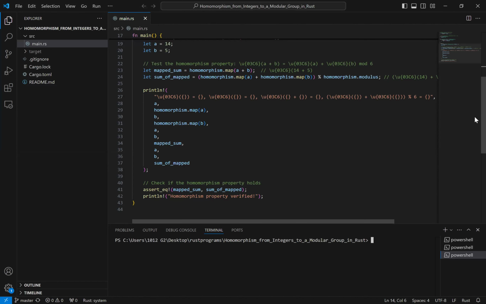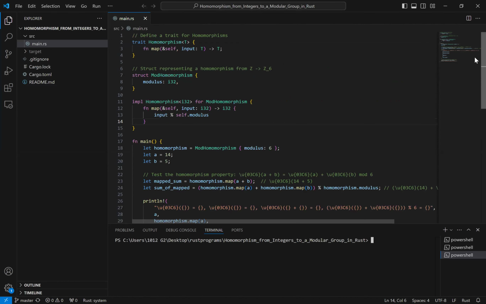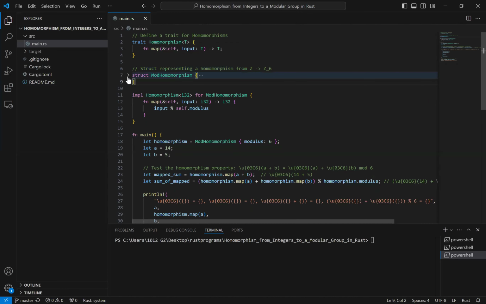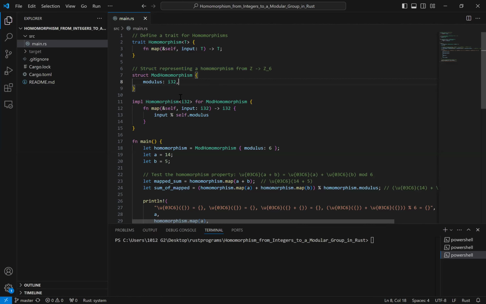Yes. So this place that we define the traits, and then come and represent the struct. So from here, just a minute. I will explain that.